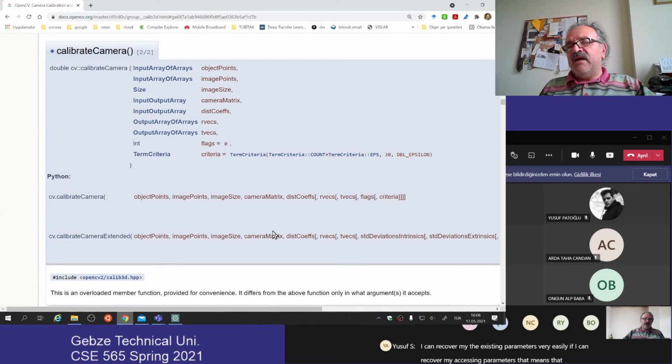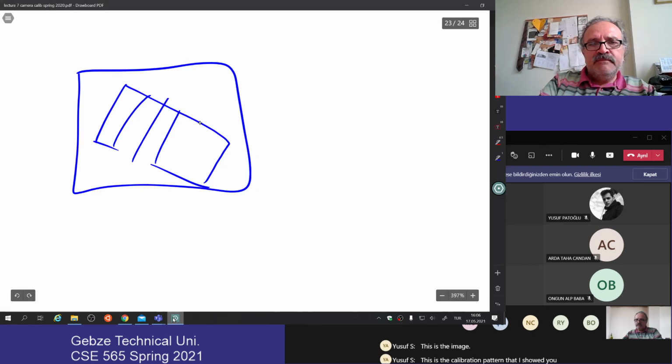So if there are no questions, then this is one thing that you can do. Okay, let's say this is the image, this is the calibration pattern that I showed to my camera. Okay, I know my intrinsic parameters. I know this K. I don't know R and T. To find R and T, only a single view is enough.